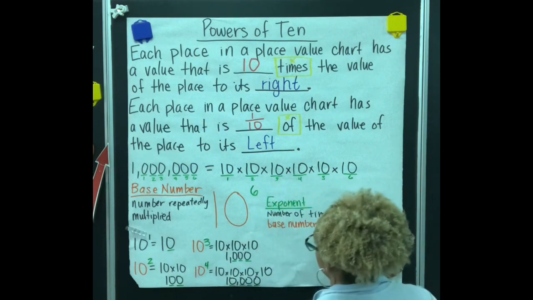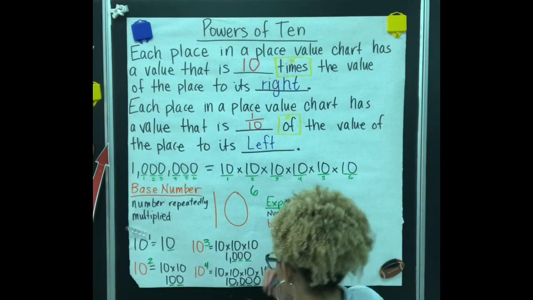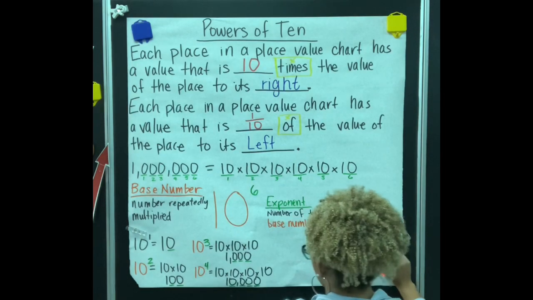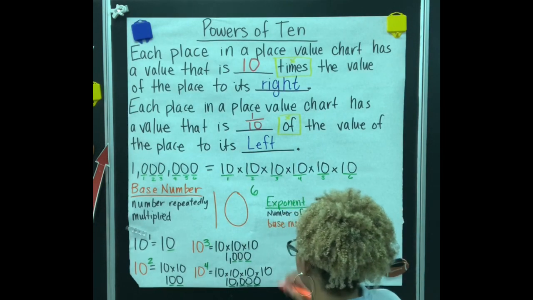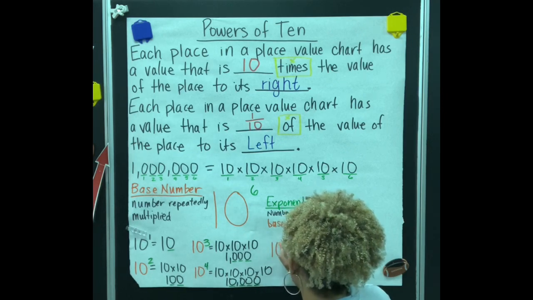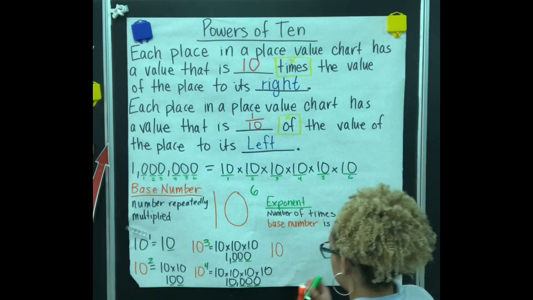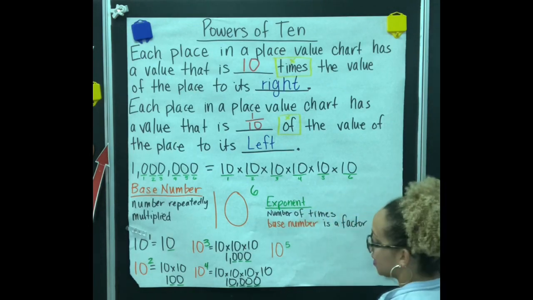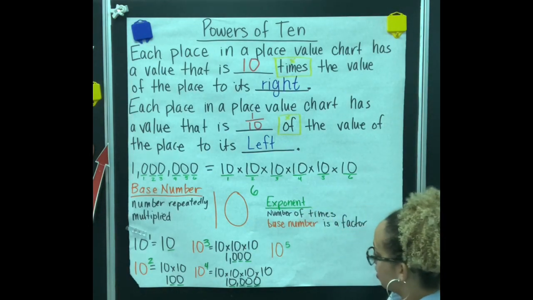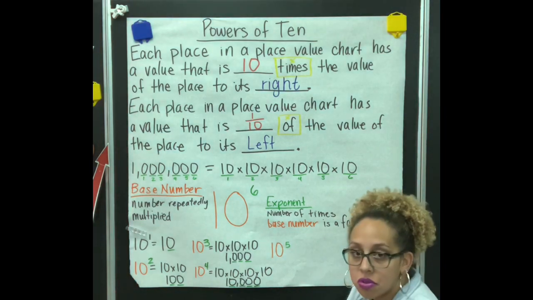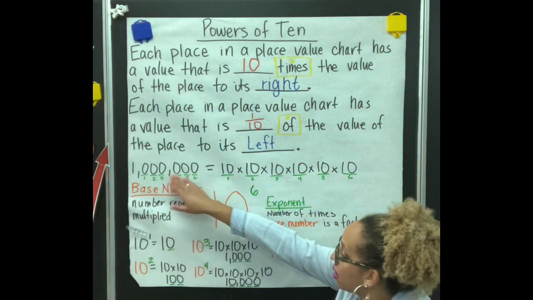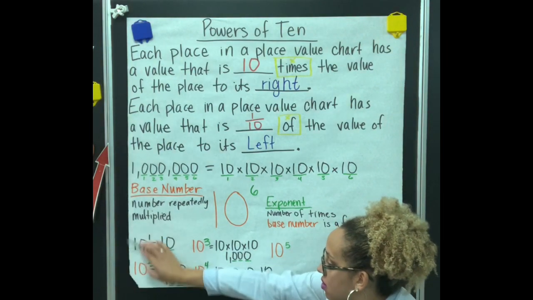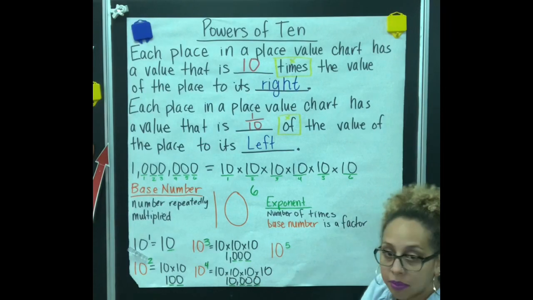Then we come over here and we look at 10 to the 5th. If you had to guess, what number do you think it is? Based on 10, 100, 1,000, 10,000, what do you think this number will be?